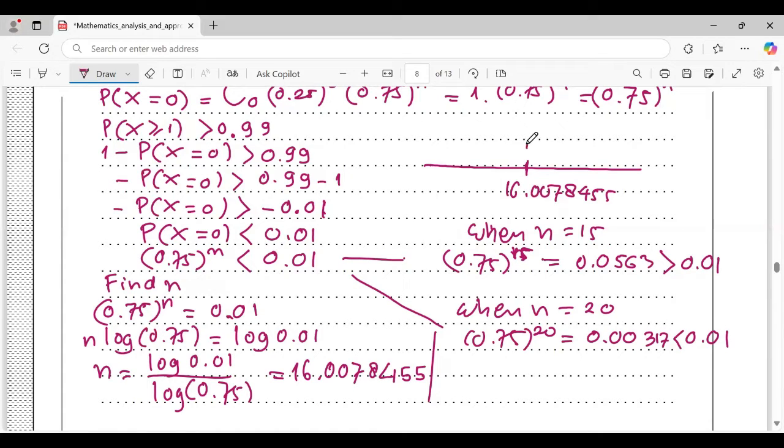So the solution area is at the right side. The conclusion is n greater than 16.0078455. This is the answer.